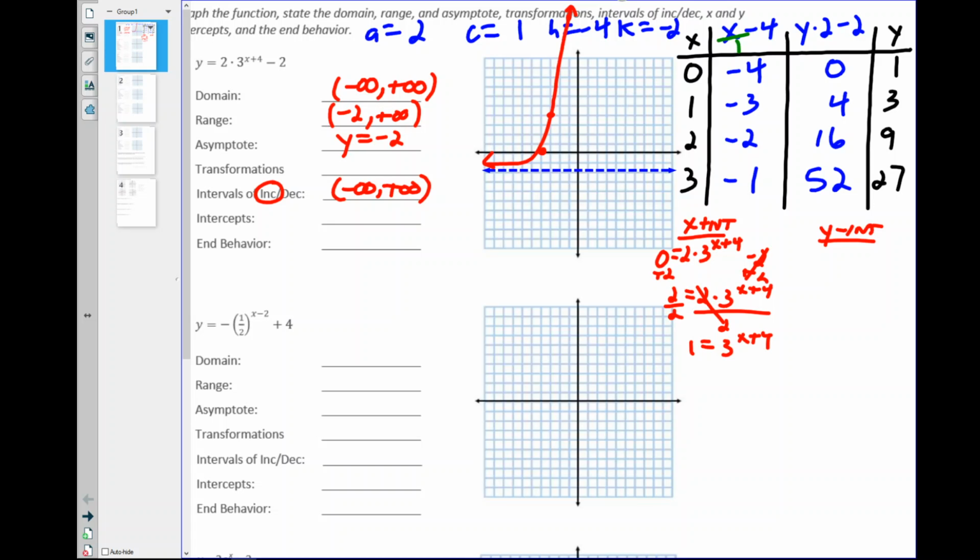Now that I've isolated the base, how do I get rid of the base? Log base 3 on both sides. I don't have that much space, so I'll just write down that log base 3 of 1 is equal to x plus 4. What is log base 3 of 1? That can be evaluated. Use change of base. What's log 1 divided by log 3? It has to be 0. Thank you.